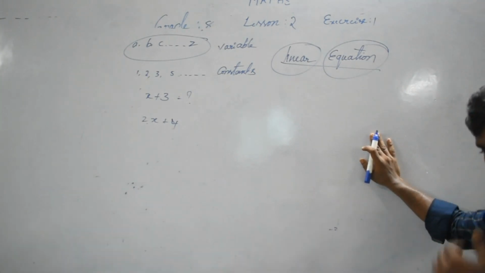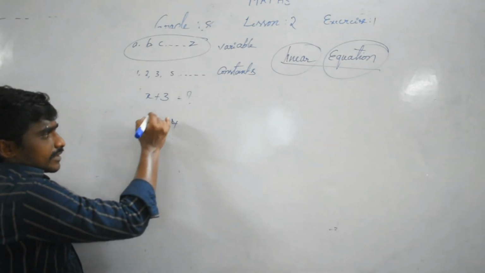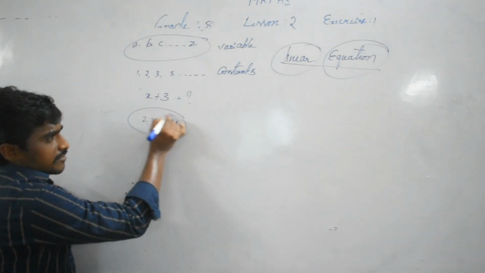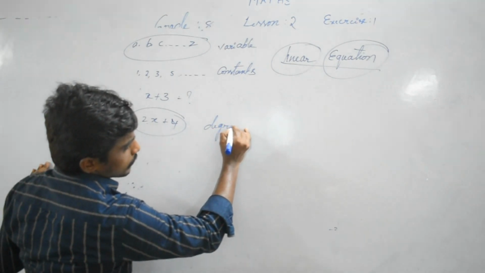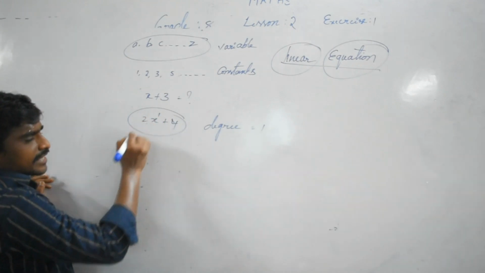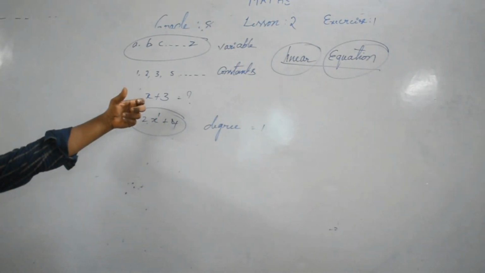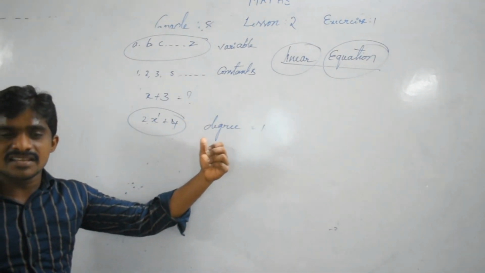So a linear equation means, here see, the degree of this equation is 1. X power how much? There is no number, that means 1.